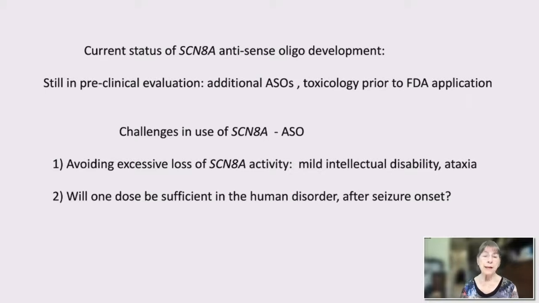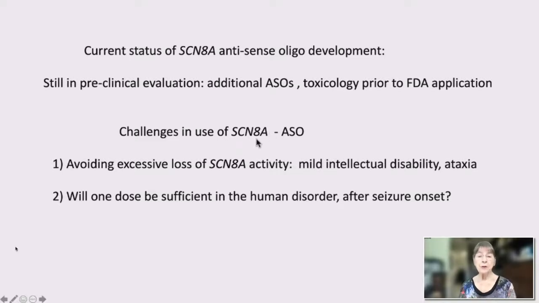So what is the status of this SCN8A ASO? The current status is that this ASO is still in preclinical evaluation. We're still testing additional ASOs, and we need to do more toxicology prior to applying for FDA approval.